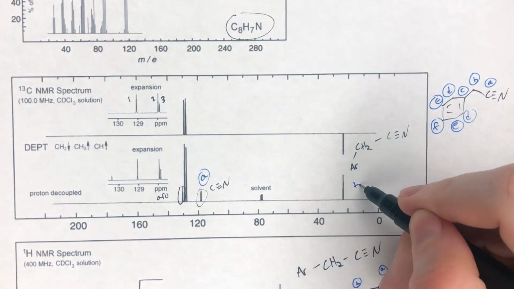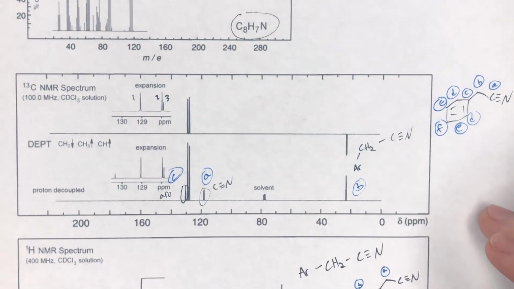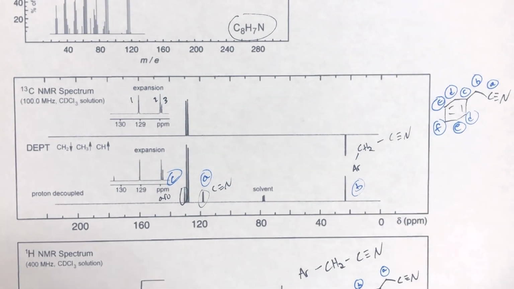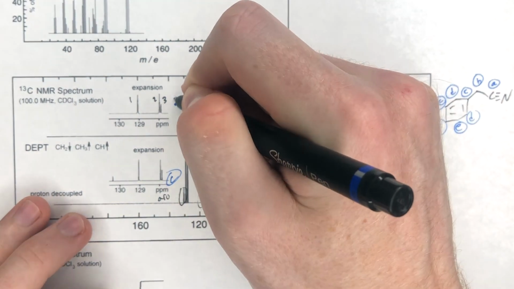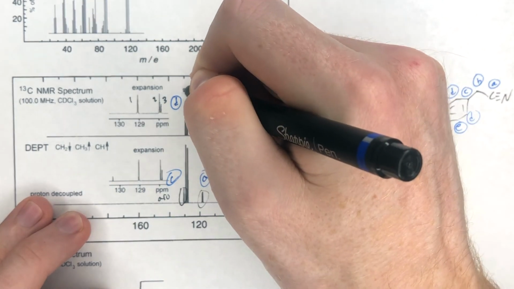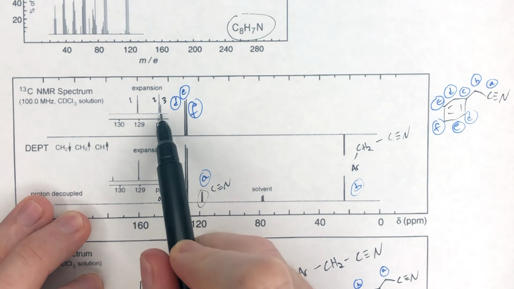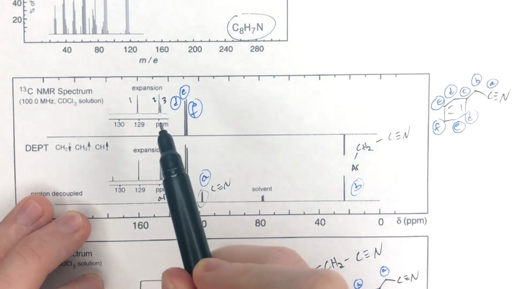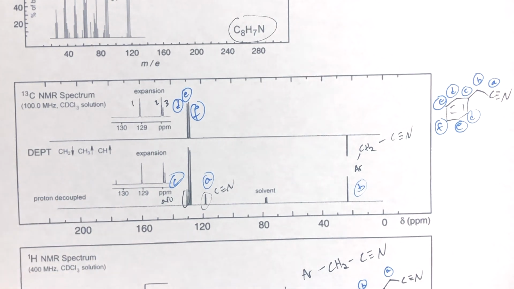B is this group. C is the aromatic quaternary carbon. And then the rest are kind of, again, up for interpretation, but probably D and E will be slightly more downfield, as they're slightly closer to the nitrile, and then F will be the furthest upfield, which F is actually this peak, which you can't really see. It's a shoulder on the main peak there in the carbon NMR.